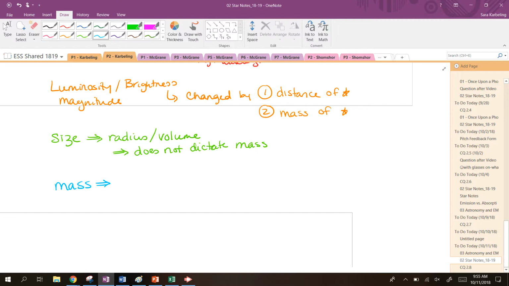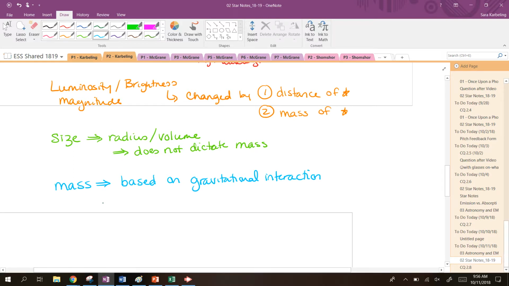But the mass is based on gravitational interaction. What does that mean? Gravity's the thing that pulls stuff together, right? Gravity's the reason that we exist and that our sun exists and that our solar system exists and that our galaxy exists. Okay, gravity pulls it together, okay?